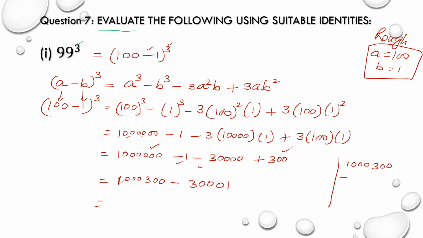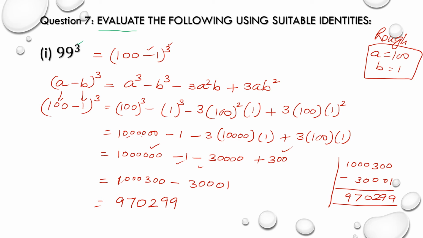In minus करना है हमने 1 0 0 0 3. So let's subtract. 10 minus 1 9. So we have 970,299. So that is, we have simplified it by using the identity a minus b whole cube.